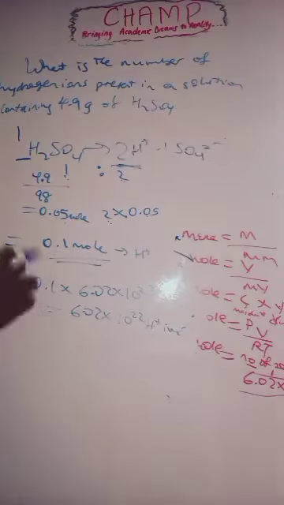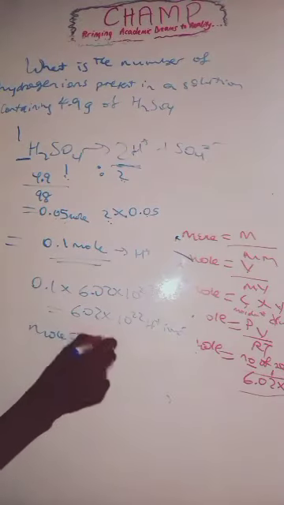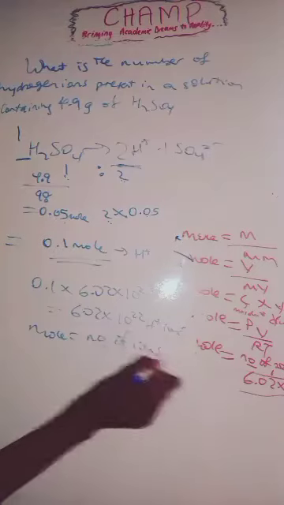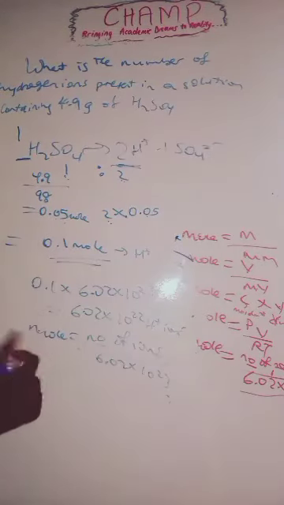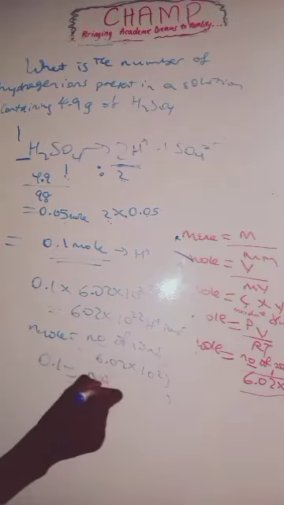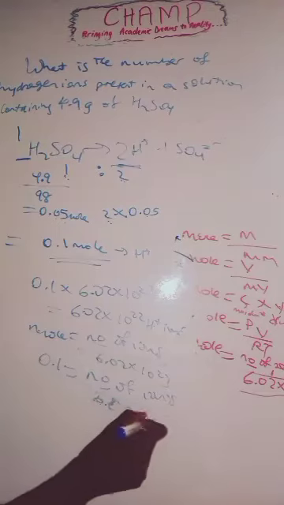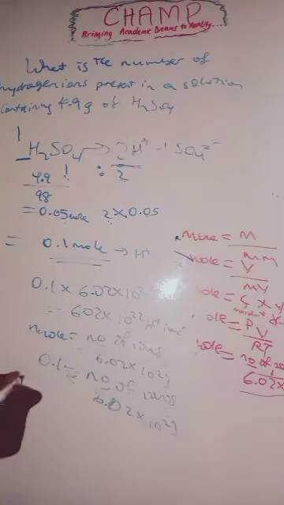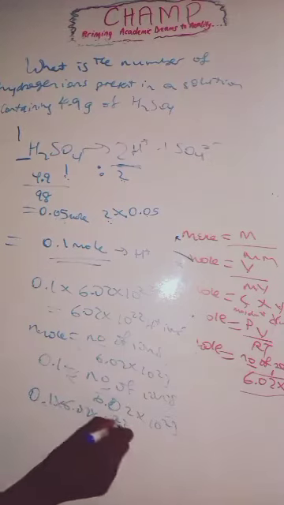Or if you don't want to do it that way, you can just use the formula. Mole is equal to number of particles, which is number of ions, over 6.02 times 10 raised to the power 23. So 0.1 is equal to number of ions over 6.02 times 10 raised to the power 23. Here you cross multiply: 0.1 times 6.02 times 10 raised to the power 23.